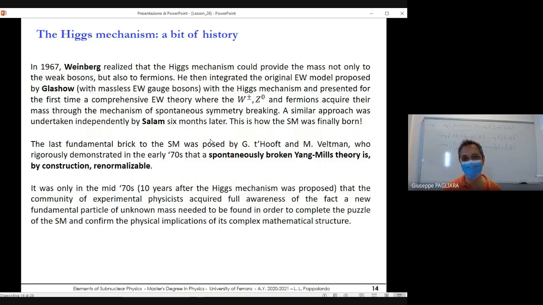And for the experimental community, it took about 10 years after the Higgs model was proposed in 1964 to really realize that there had to be a new scalar particle with a non-zero mass that had to be discovered experimentally in order to complete the puzzle of the standard model.